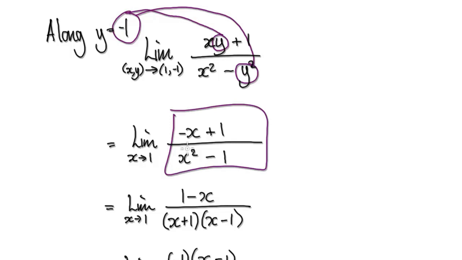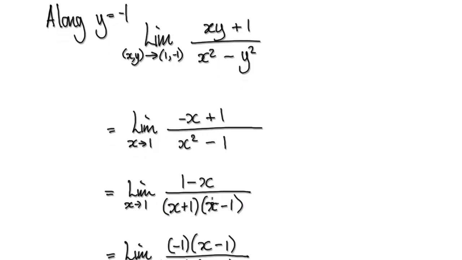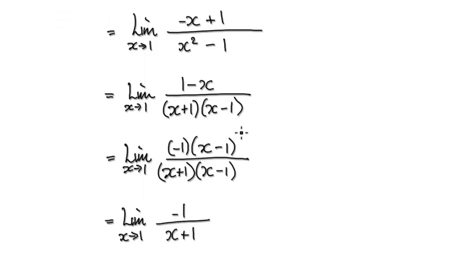So now, difference of 2 squares, so rewrite it as this. But then you can see that this looks very similar to this. So let's factor out the -1.